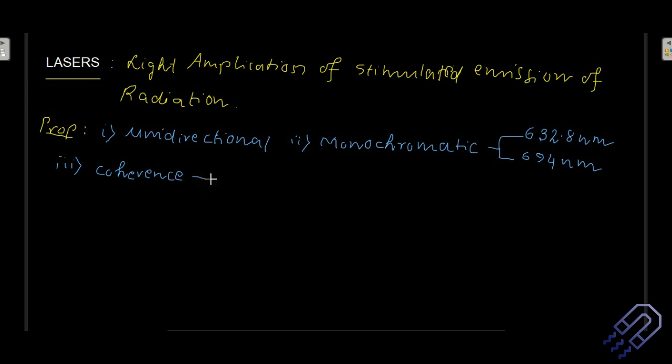And by coherence, I mean that if you are basically having, let's say, a wave, something like this, and you have another wave, and both of their peaks are matching one below the other, that means that they are in perfect phase. So these two waves have zero phase difference.